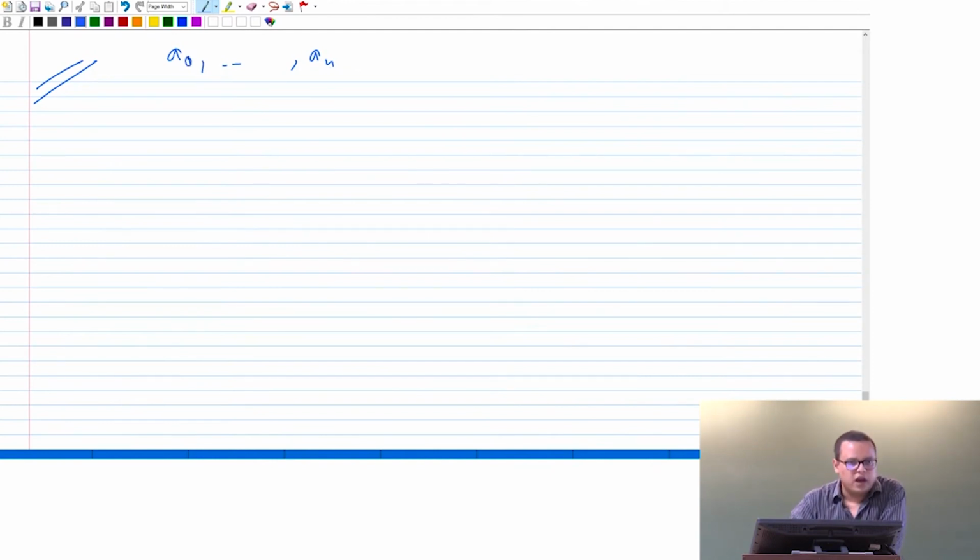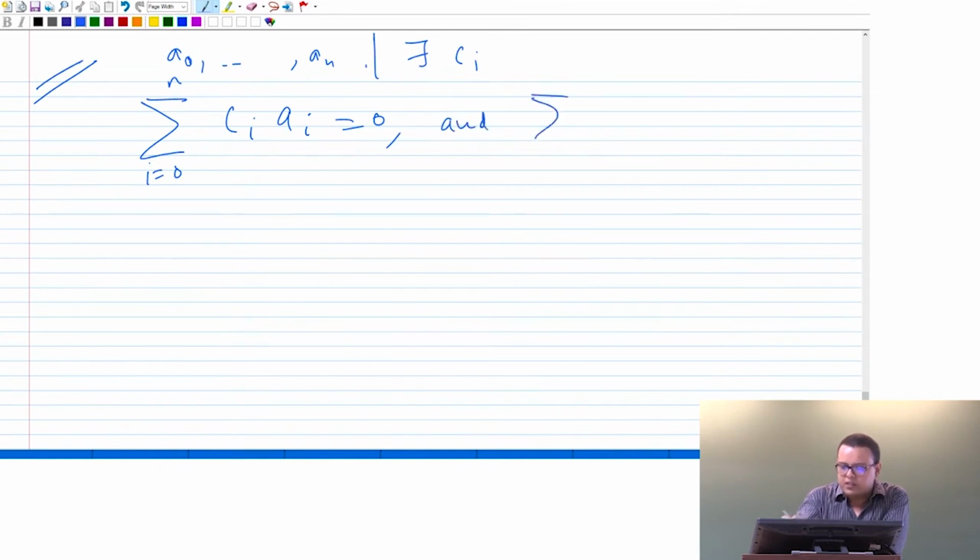We will see why. I have some set of points and they are affinely dependent. The definition I want to work with is: there exist Ci's not all equal to 0, such that summation from 0 to n of Ci Ai is equal to 0 and summation Ci, i equal to 0 to n, is equal to 0. This is one definition for affine dependence.